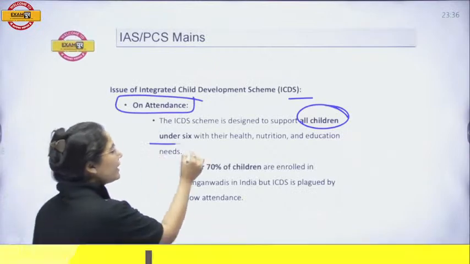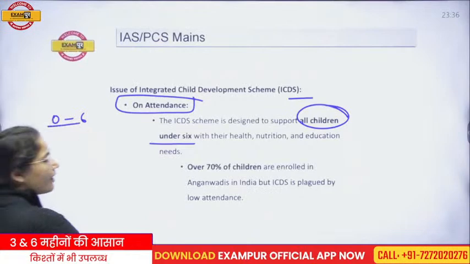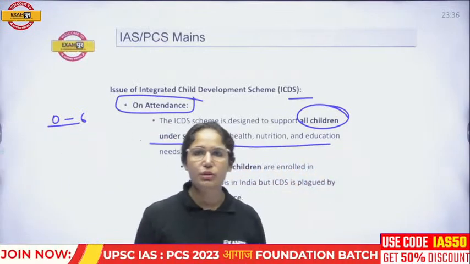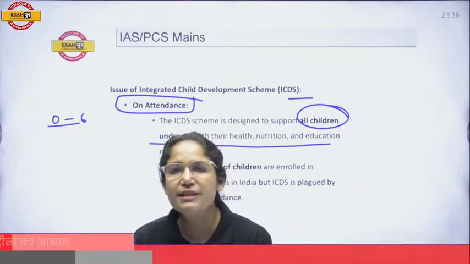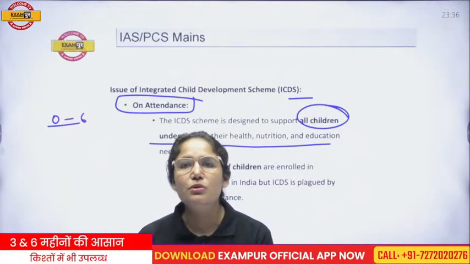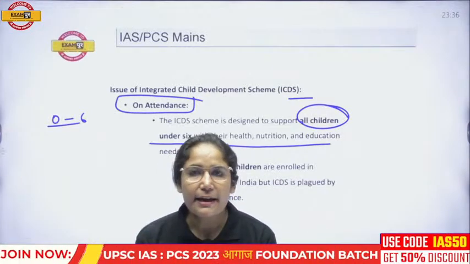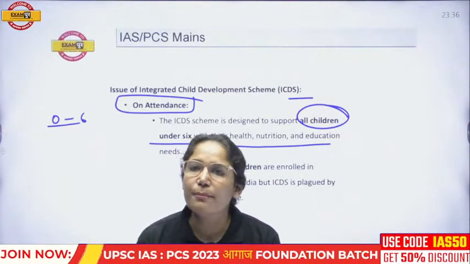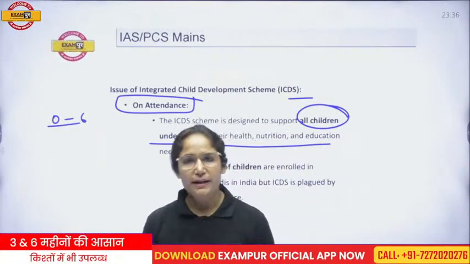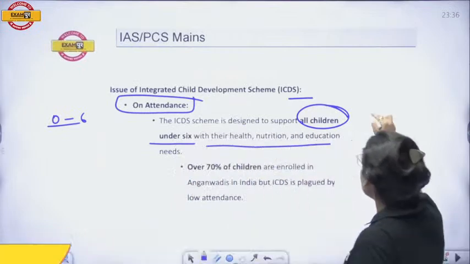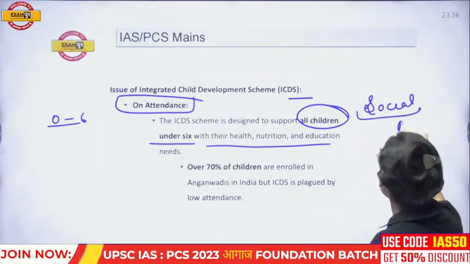So all the children we are talking about, up to the age of 6, with health, nutrition and education, this is part of the social sector. The social sector includes not only resources but also the capacity that comes from health and education. Social is just to increase access.